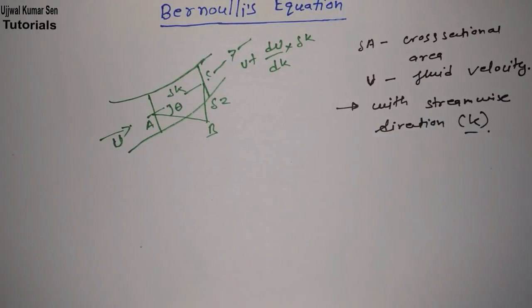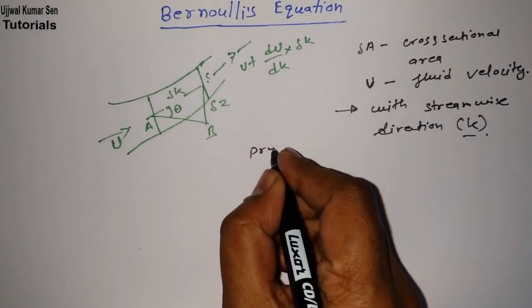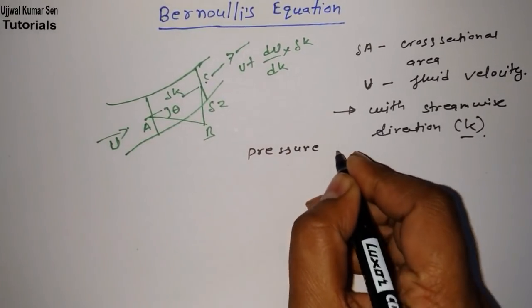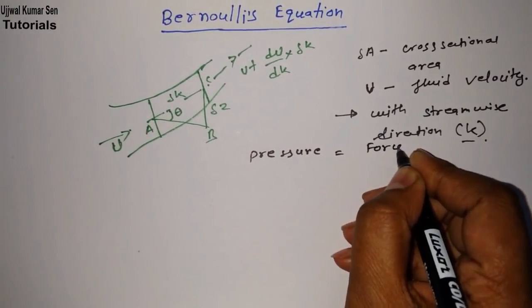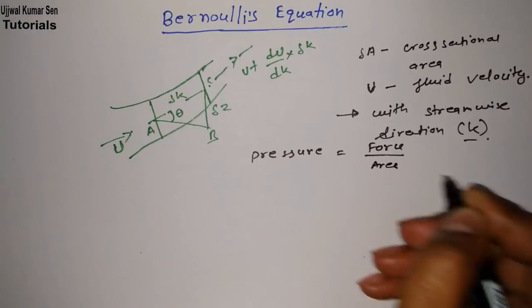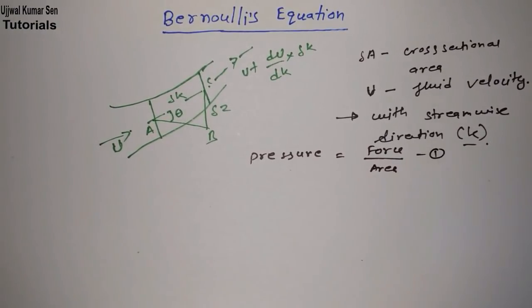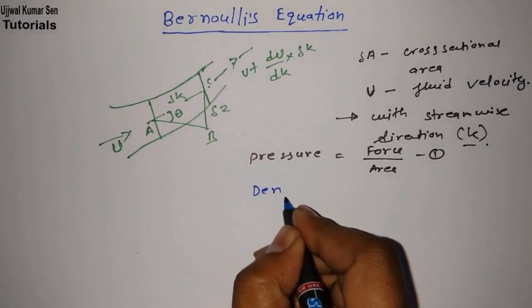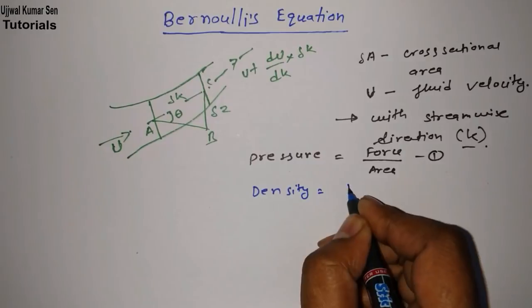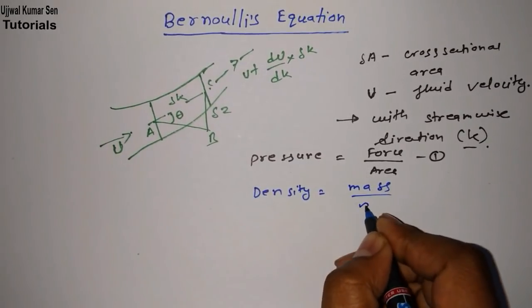Now what exactly do we know, one simple thing: pressure is equal to force by area, right? This is the first simple formula we are going to use in this derivation. Another is density is equal to mass by volume.